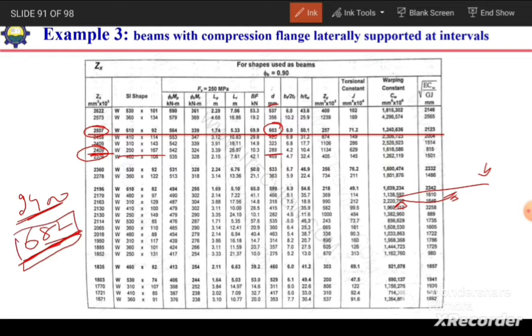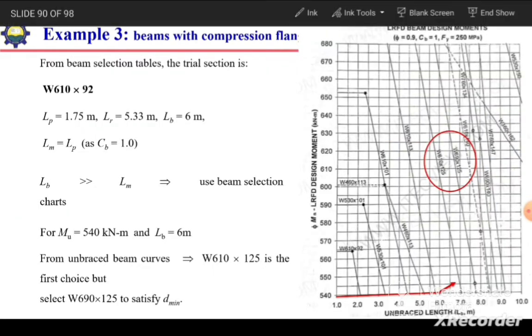So from here we can select this section W610 into 92 and note down all the properties of the selected section. For that section, LP is 1.75, LR is 5.33, LB is 6 meter, and LM is equal to LP because CB is equal to 1.